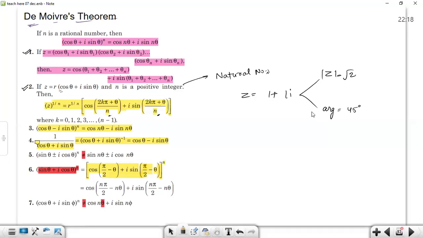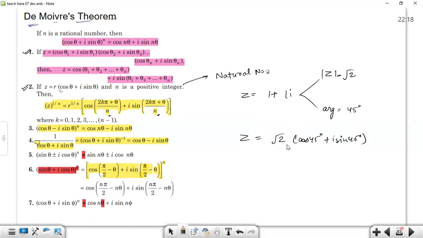That's why alpha is going to be theta, which is our argument. Any doubts, anyone? So we can write this in this format: root 2 times cos of 45 degrees plus iota sine of 45 degrees.